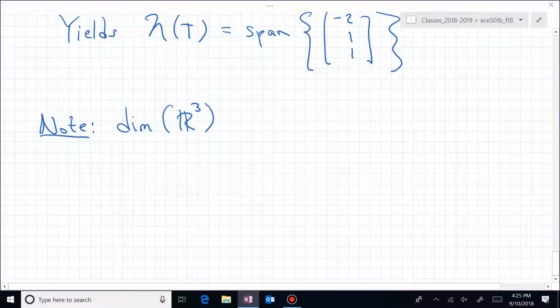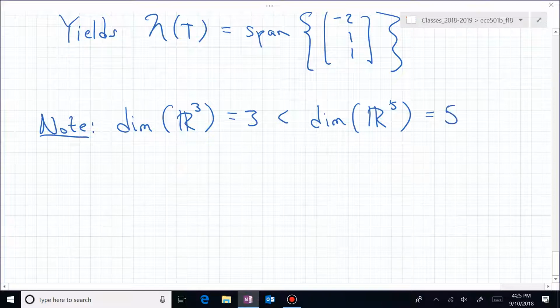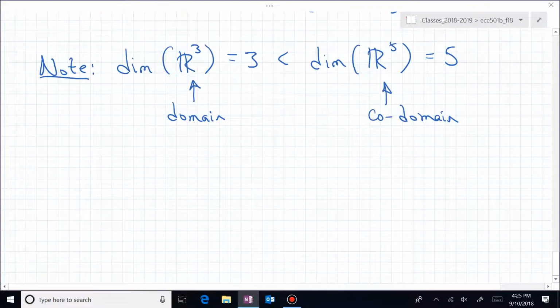So note that the dimension of R3, which was equal to 3, is less than the dimension of R5, where this was our domain and that was our codomain. By default, when your domain is bigger than your codomain, you're going to have a non-trivial null space. This one, you kind of have to have a particular combination to make that happen.